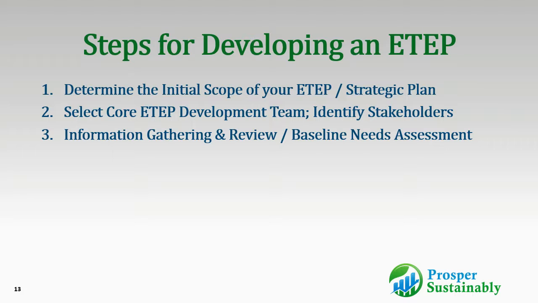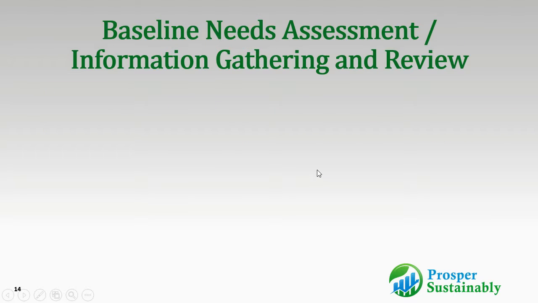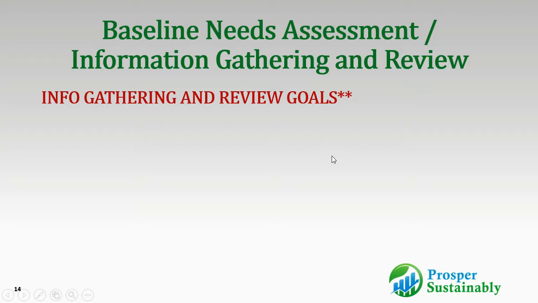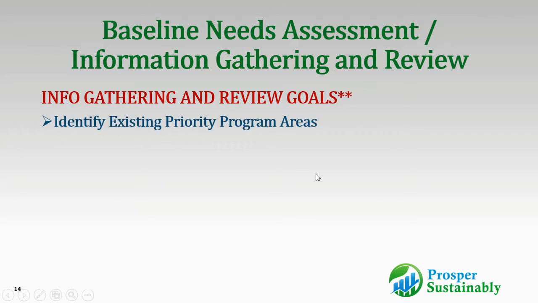So go back to module number 2 to identify what that process is. I did actually talk about the beginning steps of that process in module number 1 as well. But you're not going to be able to develop the ETEP without the information that you need to populate it.